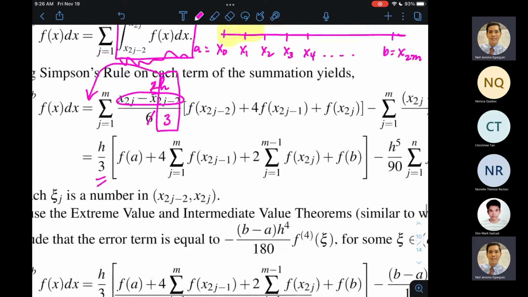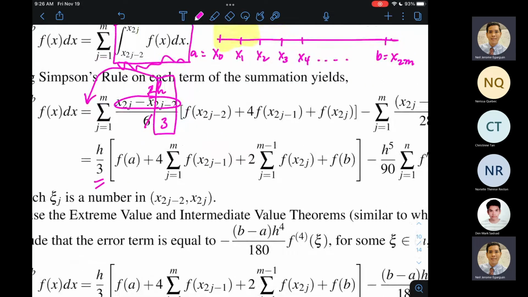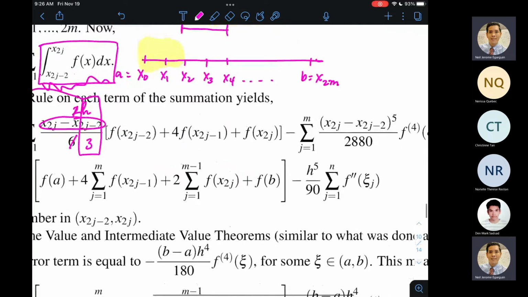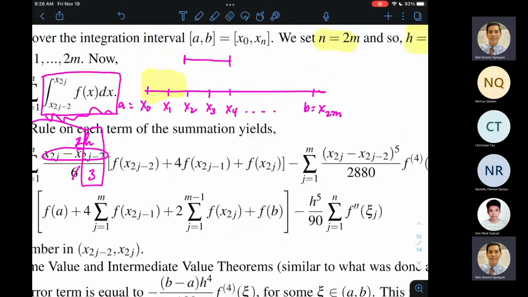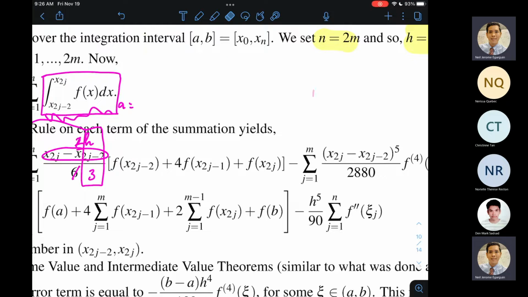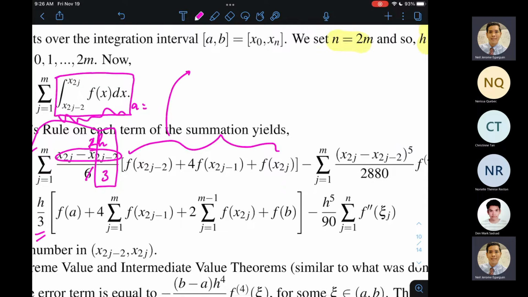Tapos, gagamitin ko lang yung Simpson's rule. Okay? Now, tingnan natin, sulat natin yung mga first few terms dun sa summation ng Simpson's rule. Okay? So, papaulit-ulitin natin j going from 1 to n. When j is equal to 1, we'll have f of x sub 0 plus 4 times f of x1 plus f of x2.